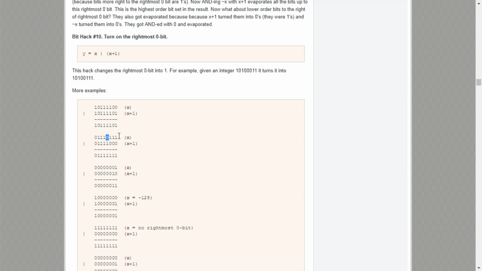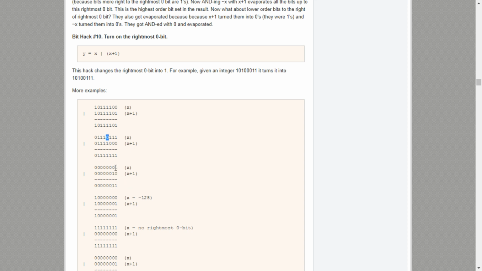So when we add 1 to this one, it's going to turn the rightmost 1 to a 0, second rightmost 1 to a 0, the third rightmost 1 to a 0, and it's going to turn this one into a 1. So when we do the OR on this thing, basically all of these ones remain 1s because it's an OR. These 0s aren't going to mute them or anything like that. Whereas since we have a 1 here now, it's basically going to fill in that 0 over there.